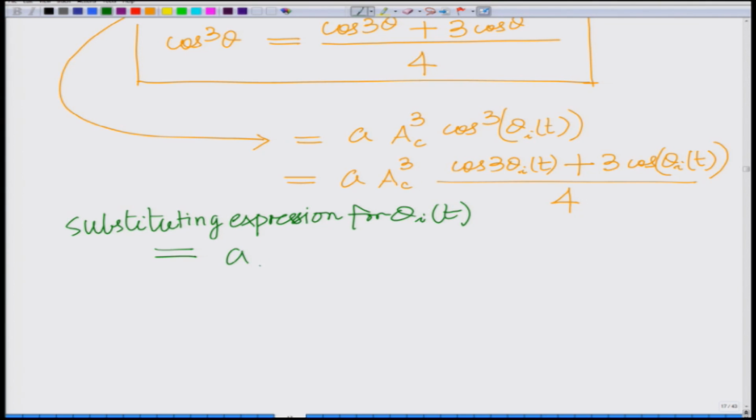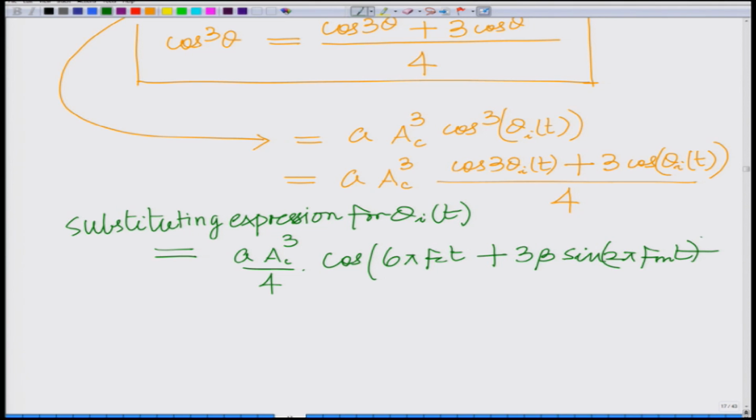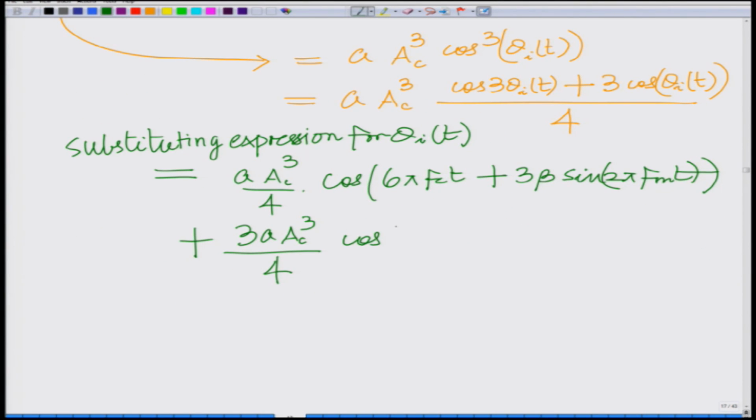We have a Ac cube divided by 4 cosine 3 theta i(t), that is cosine 3 times 2 pi fc t, which gives cosine of 6 pi fc t plus 3 beta sine 2 pi fm t, plus 3 a Ac cube divided by 4 cosine theta i(t), that is cosine 2 pi fc t plus beta sine 2 pi fm t.